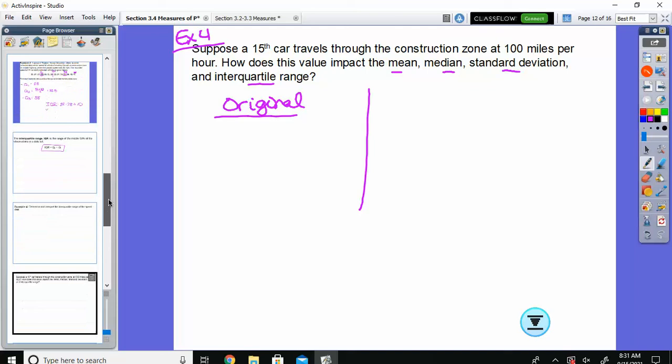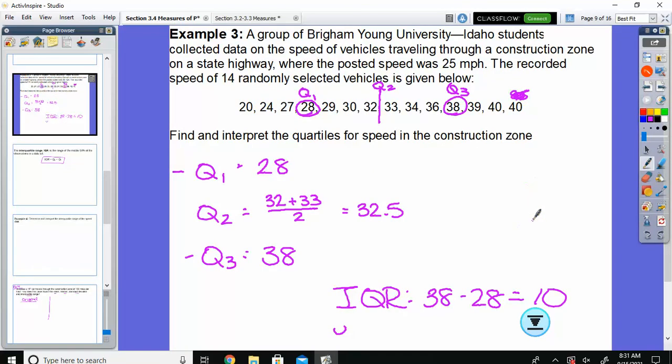Let's put our original data in our calculator to get those values. So here was our original. You go to Stat, Edit, clear out your list and enter these.